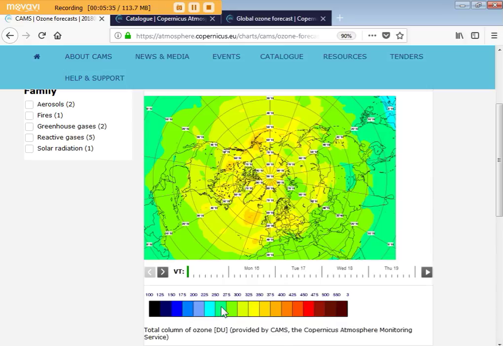These are like millimeters. It's equivalent to millimeters of thickness of ozone. Like if you have 300 DU, that's equivalent to 3 millimeters of ozone through the column. That's protecting us from the ultraviolet radiation.